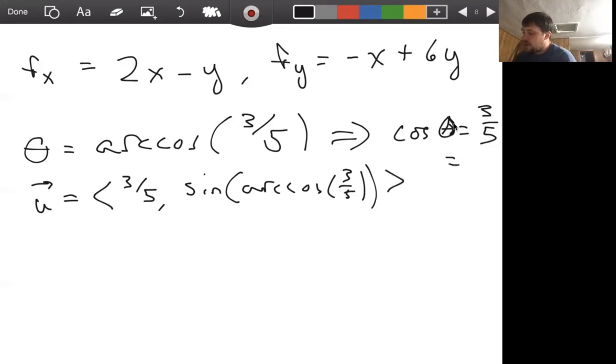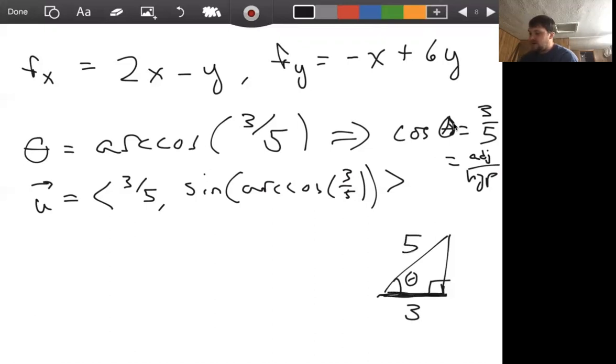Well, we know cosine is what? It's adjacent over hypotenuse. So if we look at a right triangle here, triangle theta, it's adjacent over hypotenuse. And so the base of the triangle, or the adjacent side to the angle theta, is 3, and the hypotenuse is 5. Well, then that means, by the Pythagorean theorem, this is a 3, 4, 5 triangle, right?